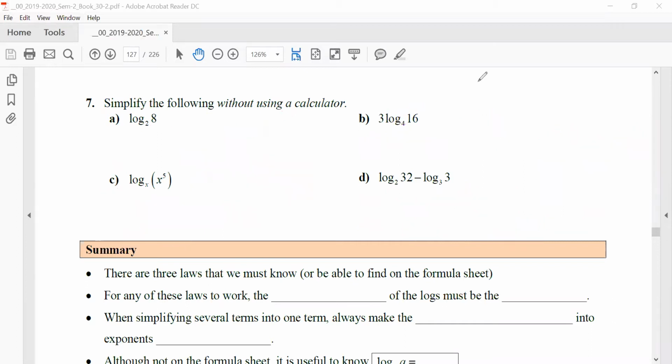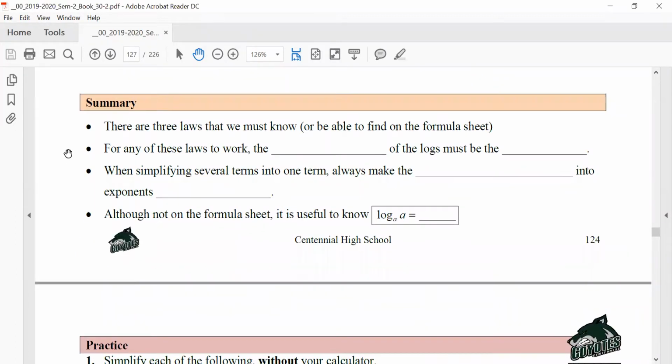Okay, let's wrap this up with our summary, and we are good to go for yet another lesson. Okay, here we go. There are 3 laws of logs that we must know, or I look at my formula sheet, right? For any of these laws to work, the bases must be the same. I will never mess with you and not make the bases the same.